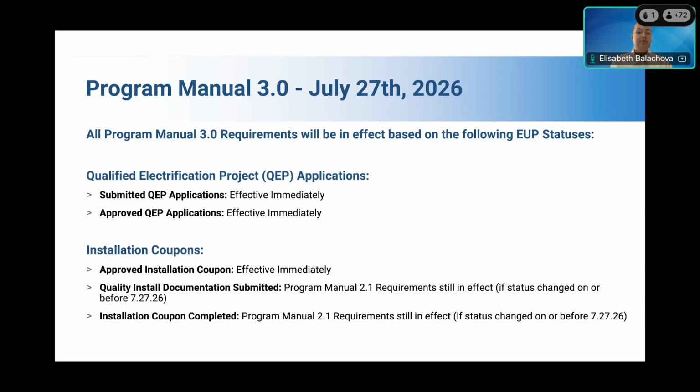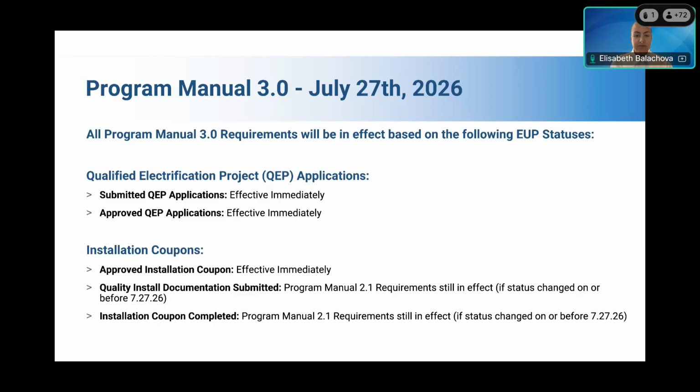If you have any approved installation coupons and have not done any work yet, then again, these new program rules are effective immediately. If you've already completed a project and have already uploaded quality installation documentation, then we will be following the previous version of the program manual because we are not expecting you to go back to any projects you have completed and to get any additional photos or any other documentation that might be required.